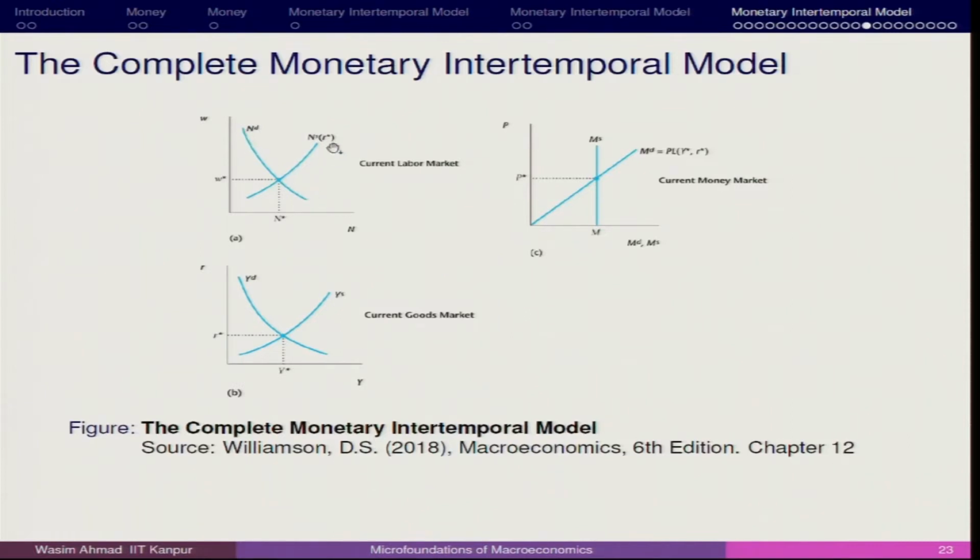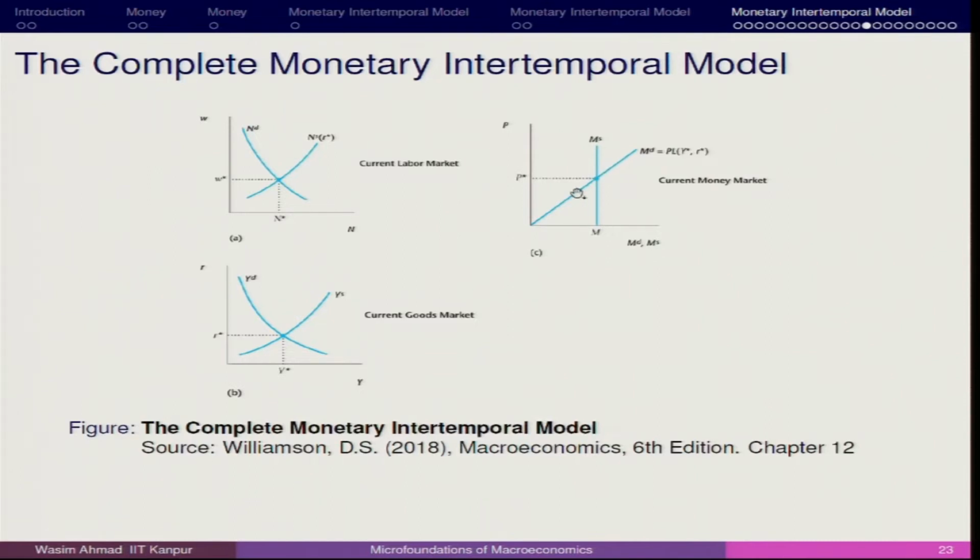Labor market clearing decides the wage rate and the labor supply, which is how we have the labor N. In the money market, the equilibrium price is decided by the demand and supply intersection.